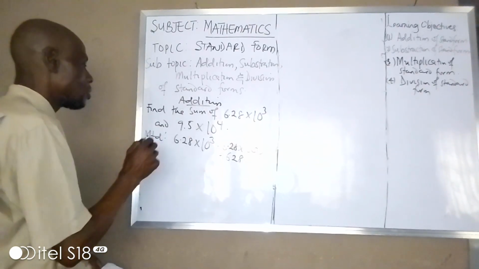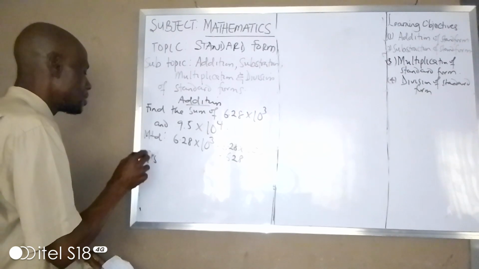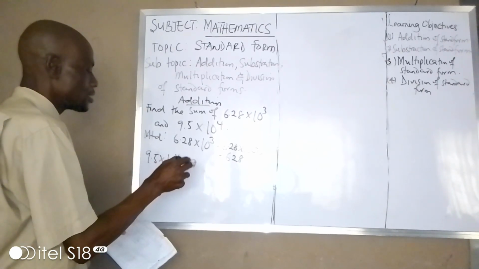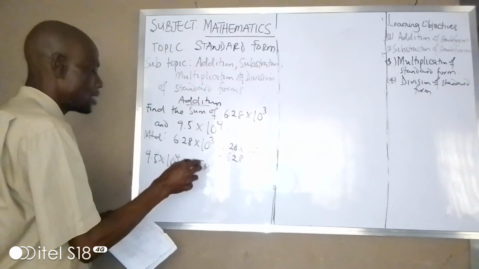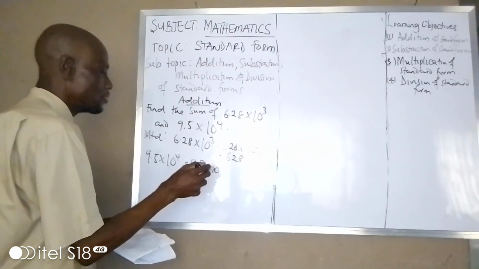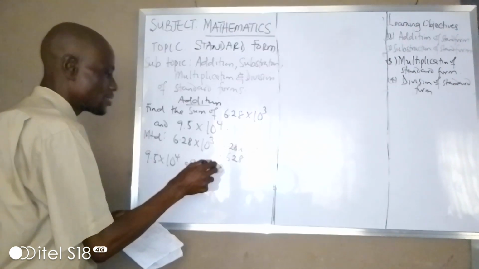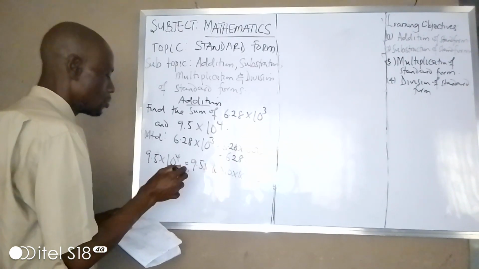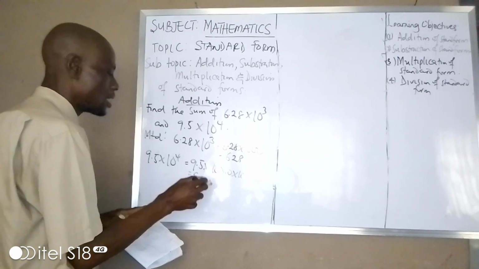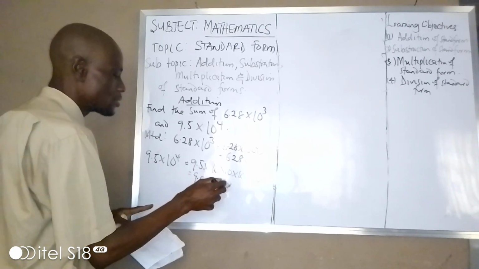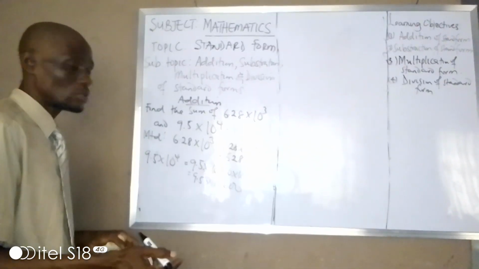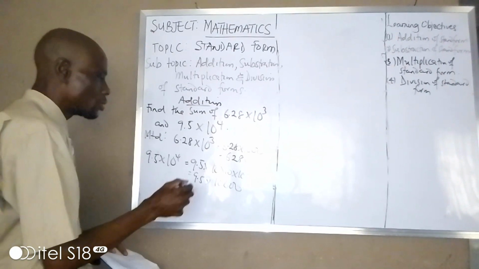Second one, change your 9.5 times 10 to the power 4 to ordinary form as well. Now see 9.5 times 10 in 4 places: 10 times 10 times 10 times 10, which will give us 9.5 times 10,000.